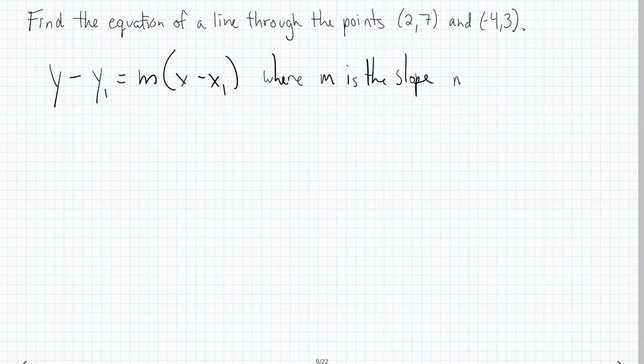That is, m equals y2 minus y1 all over x2 minus x1. And x1, y1 is a point on the line.